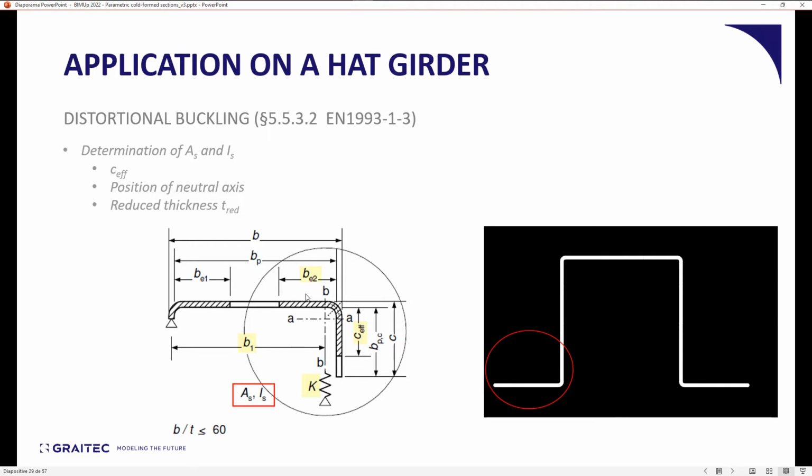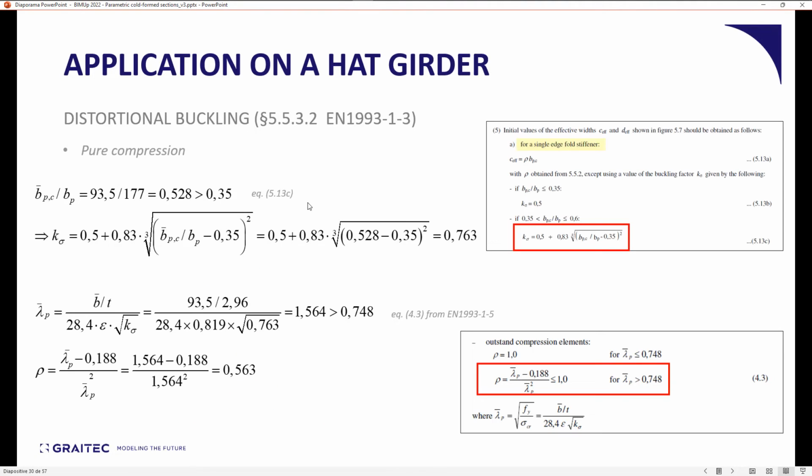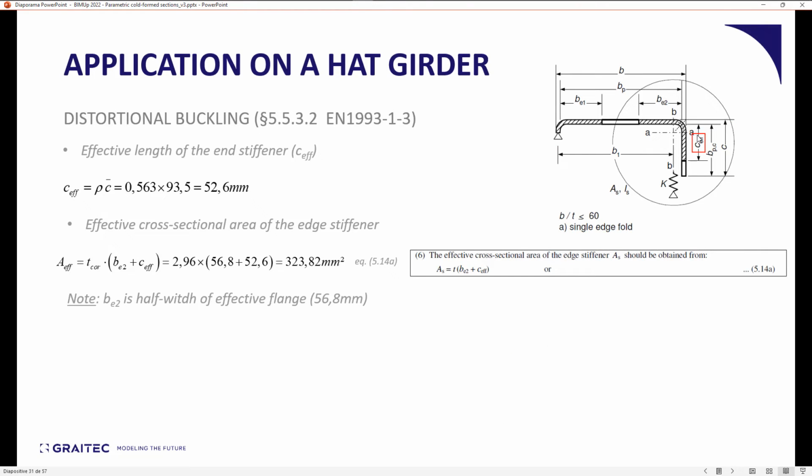You will also identify the neutral axis position of this system in order to compute the inertia of the end stiffener, of the effective end stiffener. You will also compute the stiffness of a fictive spring placed here, and that will give you in the end the reduced thickness. So very briefly, you see we compute a buckling factor that will give us an effectiveness ratio for the end stiffener, which in turn give you the effective length of the hanging part.